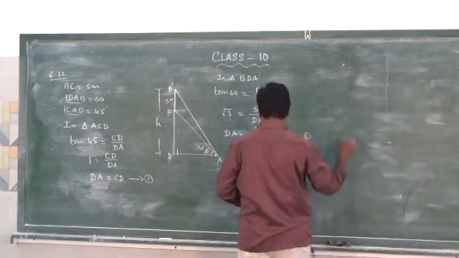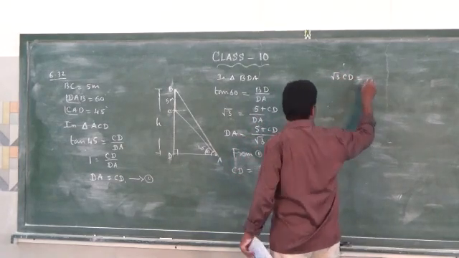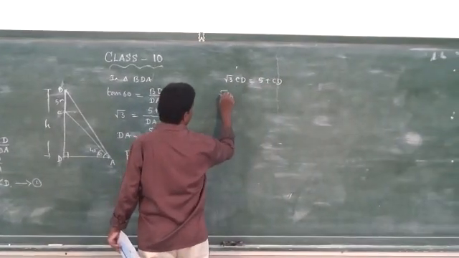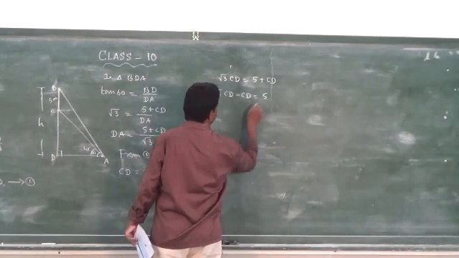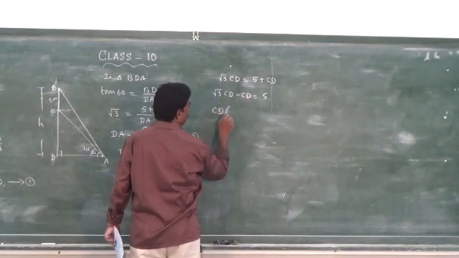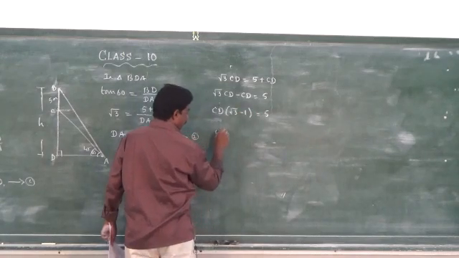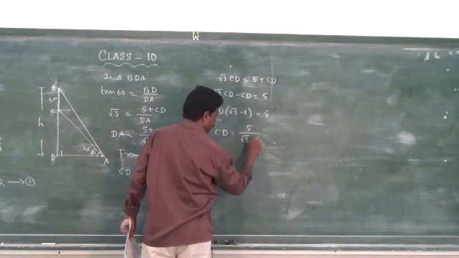So when you cross multiply, root 3 CD equal to 5 plus CD. Bring CD one side, root 3 CD minus CD equal to 5. When you take CD common, we will get root 3 minus 1 equal to 5. Or CD equal to 5 by root 3 minus 1.